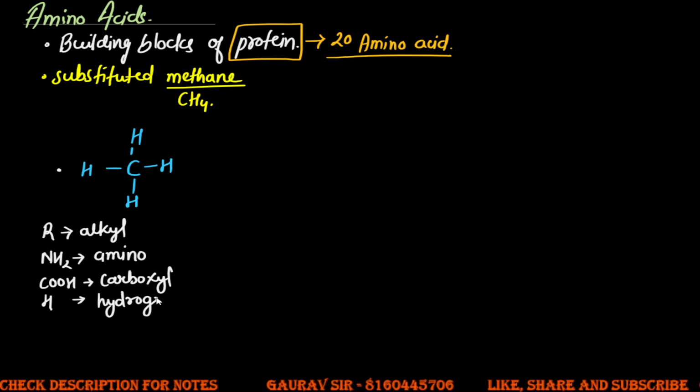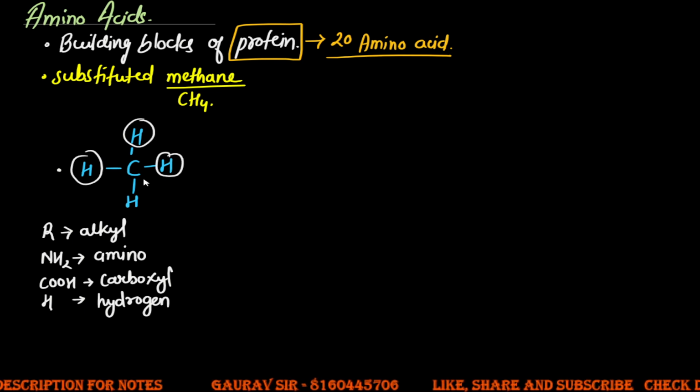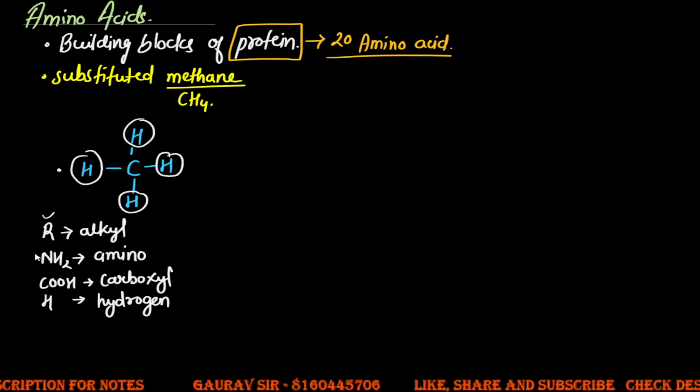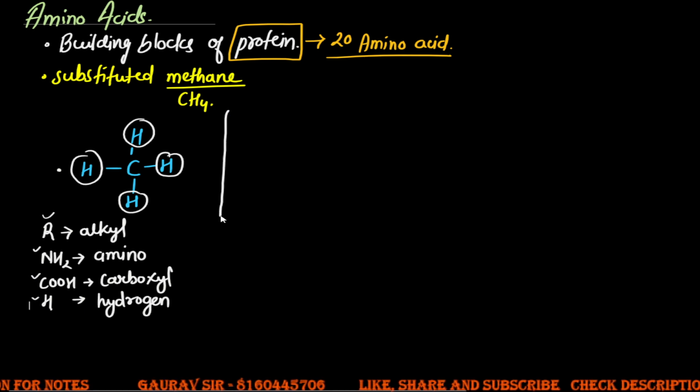Okay, so if each of these hydrogens present in the structure of methane are replaced by R, NH2, carboxyl and H, then we derive the basic structure, or I can say the skeleton of the amino acids.